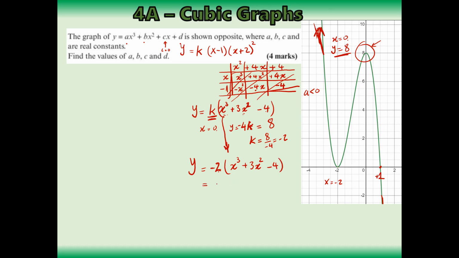So in the end, the final answer should be -2x cubed plus, no, I'm sorry, that's a -6. Let me, -6x squared plus 8. So now you see this plus 8 makes sense because that's when x is 0, that's what we get. So let me just wipe this off. This is all right. I write it again.